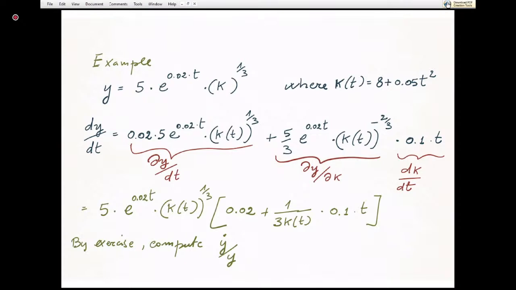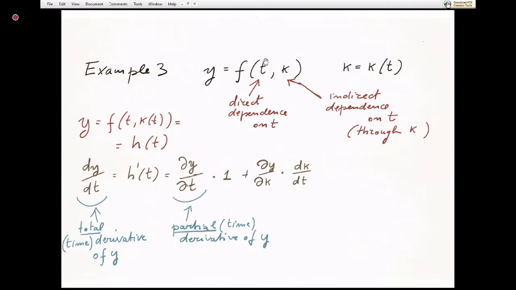Okay, so just keep in mind these kinds of models in which you apply the chain rule to functions like this one, with simple functions, of course, elementary functions describing each building block of the model.